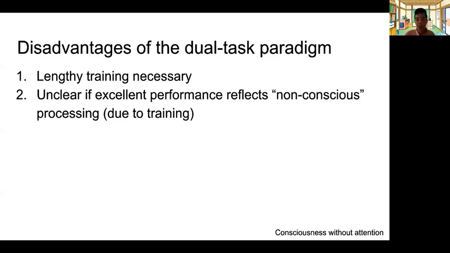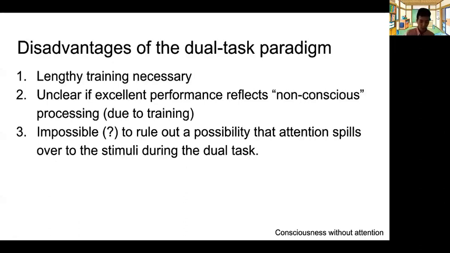That's potentially because it is now performed in different parts of the brain, like the cerebellum and so on, that are not to do with consciousness. But anyway, the important disadvantage of the previous dual task paradigm is that lengthy training is necessary, but the lengthy training might make the performance non-conscious.